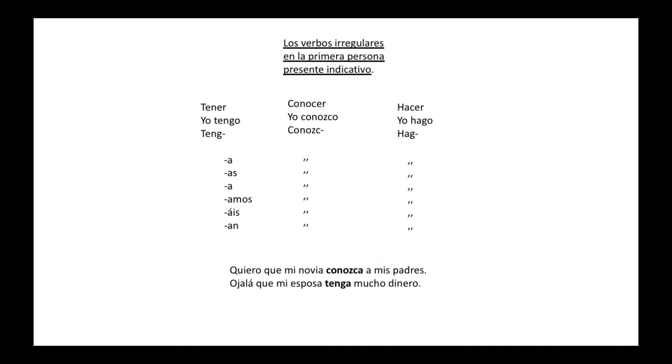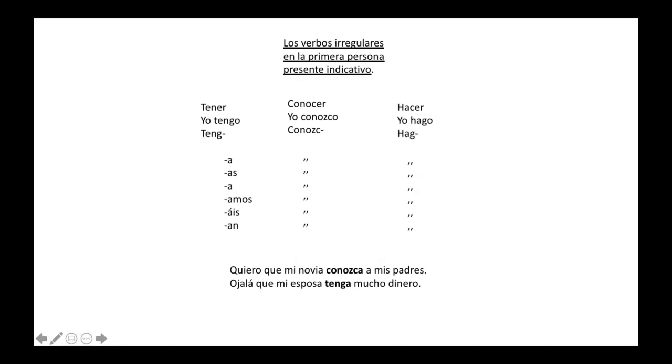So basically, the conjugation of subjunctive is the same as the formal command that we have just covered. So tener: what's your present form? Yo tengo. Then you get rid of the last letter and put a, as, a, amos, áis, an.